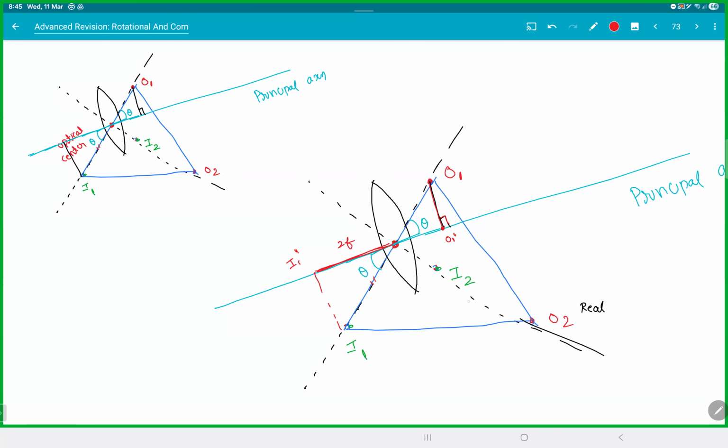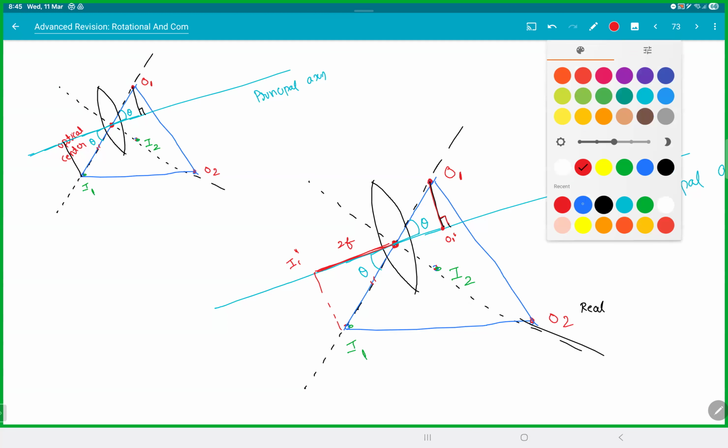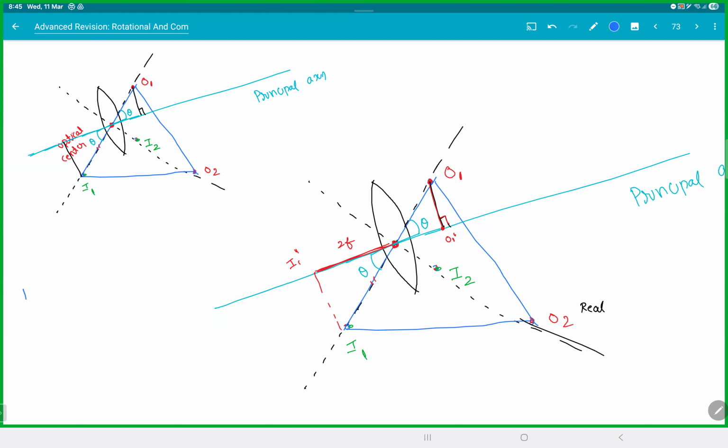So here, for O2 and I2, the image must be virtual. It is on the same side of the lens. They are on the same side.